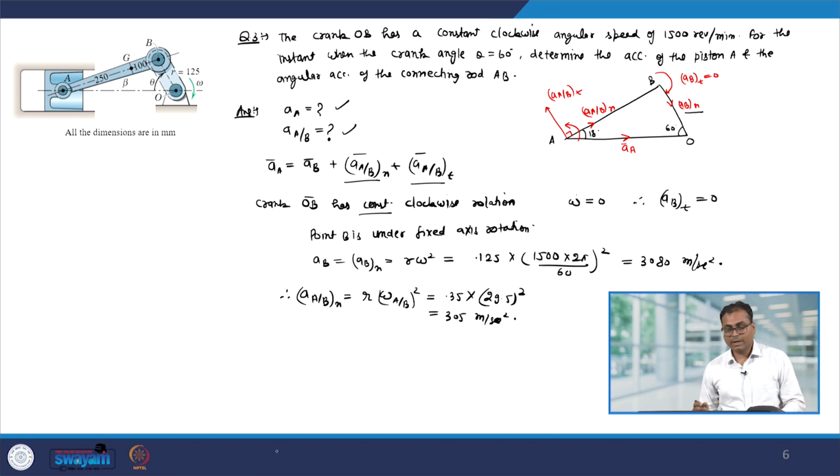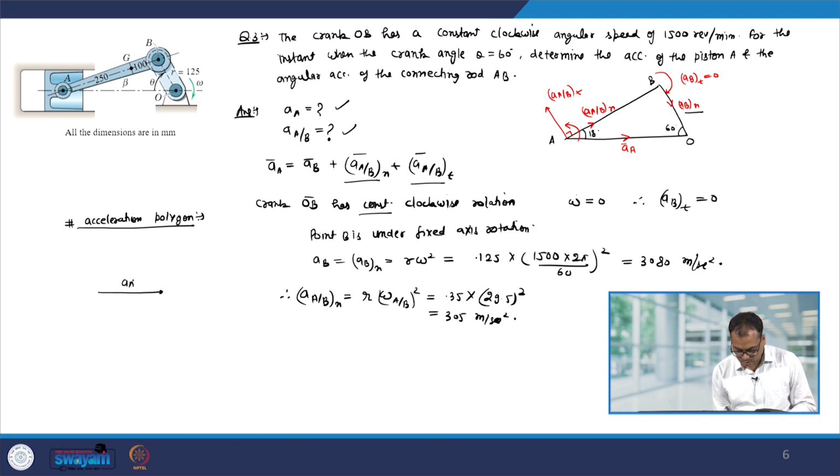So, now let us look at the acceleration polygon. Because we know some of the accelerations and the angle between them. So, we have the acceleration A which is in the horizontal direction, then at 60 degree we have A_B N. So, this is 60 degree and this one is A_BN.